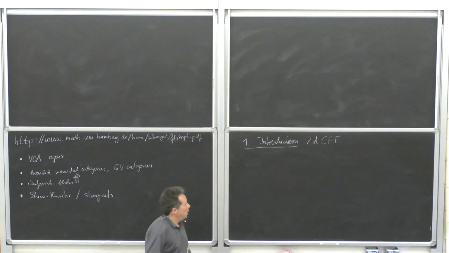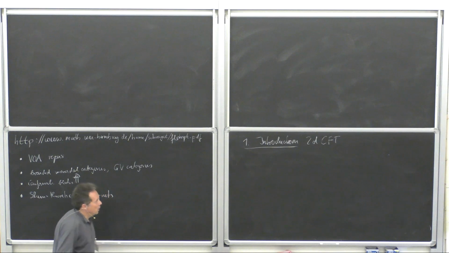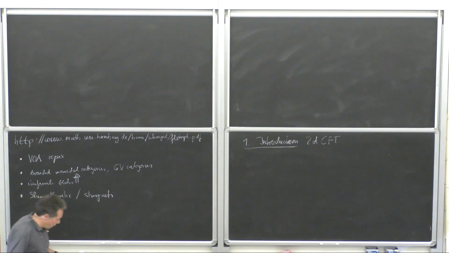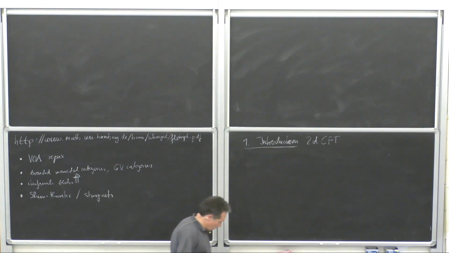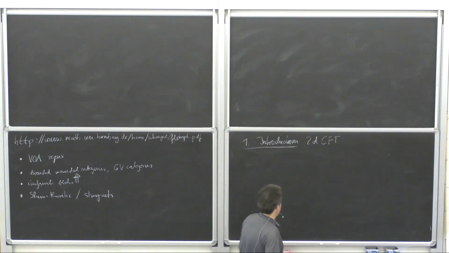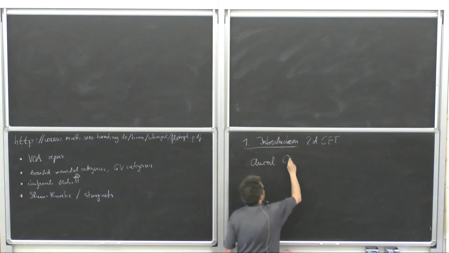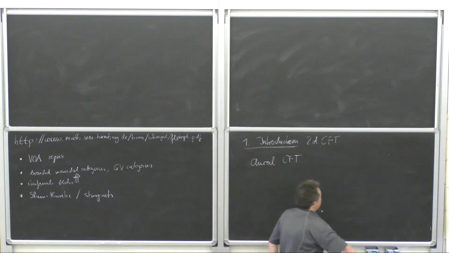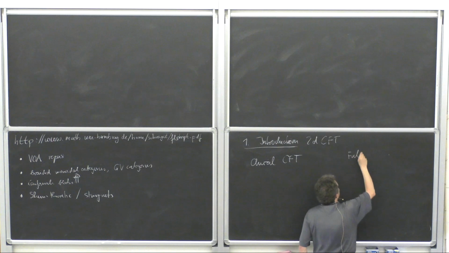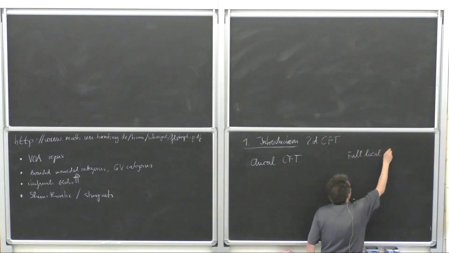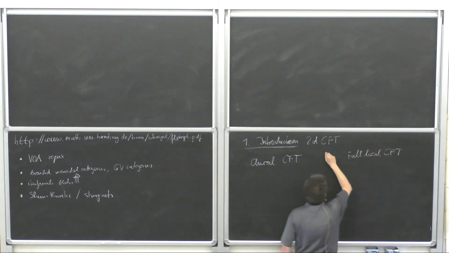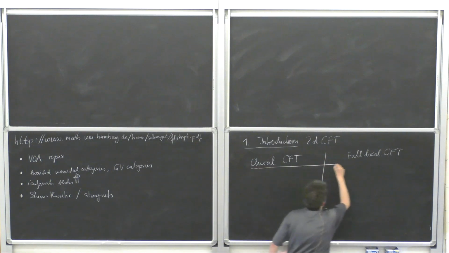That's because I have today and tomorrow nothing interesting to say about them. And now there are two different types of theories. One is what I want to call chiral CFT, and the other one full or local CFT. Both are important for physics.